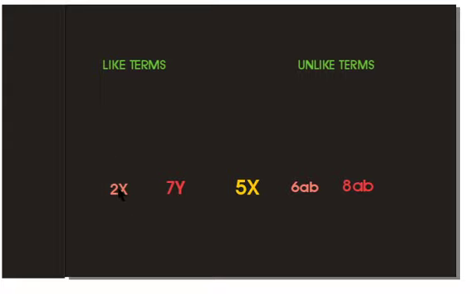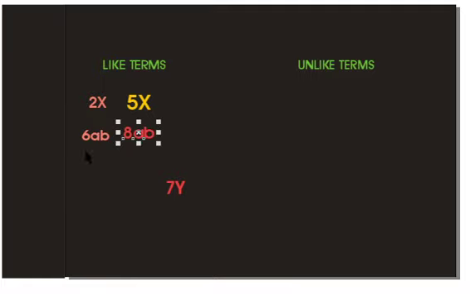If I take 2x and 5x, you'll find that both are x, even though the numbers are 2 and 5. This is called like terms. Likewise, if you take 6ab and 8ab, both are ab, so 6ab and 8ab are also like terms.